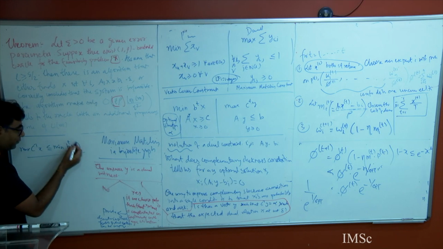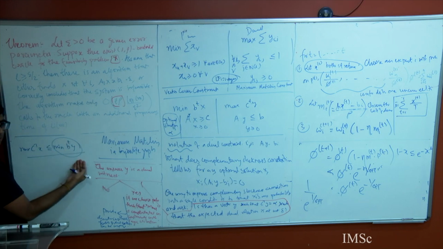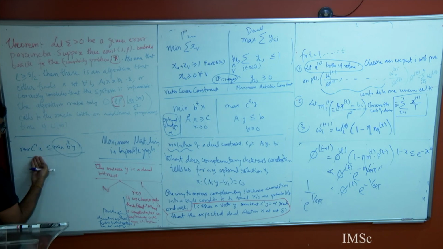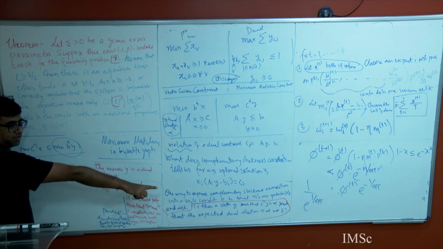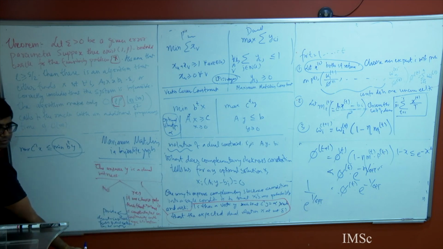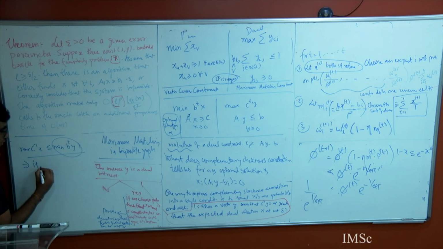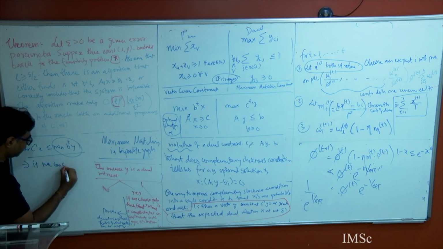Right? So if you can come up with some feasible solution of value alpha, that tells you that's a witness of the fact that the system C transpose X equal to alpha has to be infeasible, right?